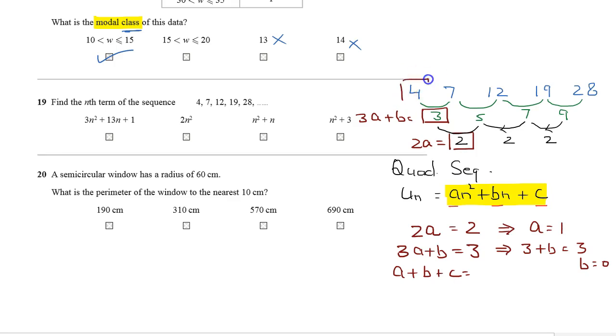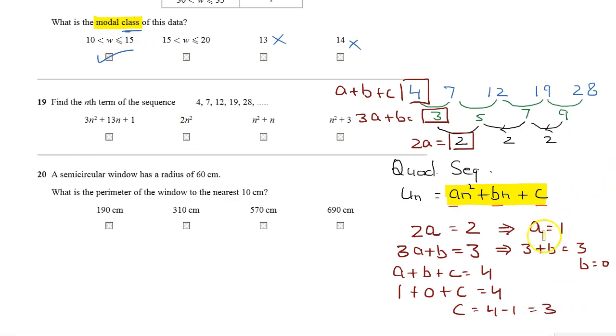And the first term is a plus b plus c. So a plus b plus c is 4. A is 1, b is 0, plus c, that is 4. So c will be 4 minus 1, so it is 3.